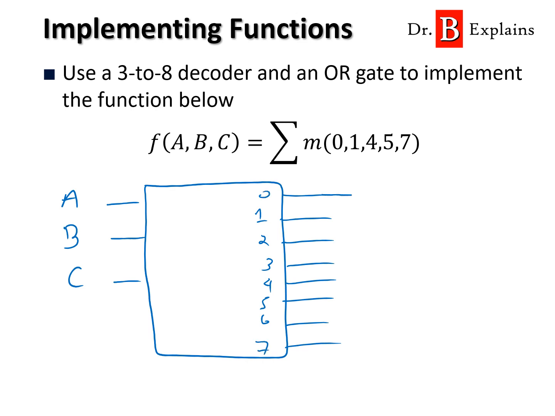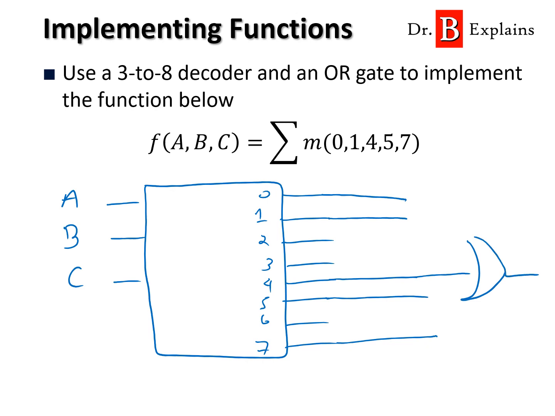What's going to happen is that we're going to select minterms 4, 5, and 7 and put an OR gate. So if any of these minterms happen, then our f is going to be equal to 1.